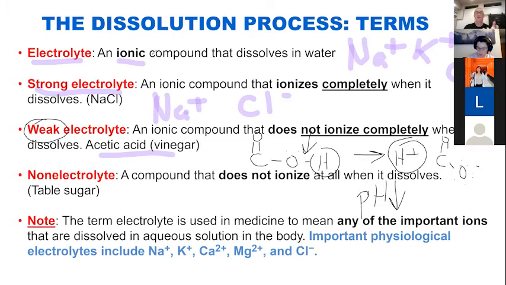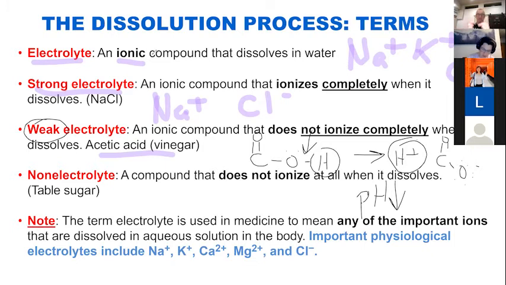A strong electrolyte has ionic bonds that break. And so we're going to deal with weak acids and strong acids in the next chapter. But a strong electrolyte, the original way that was determined was, does that solution conduct electricity?